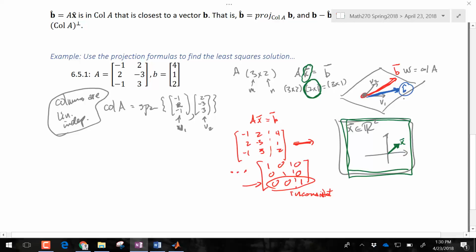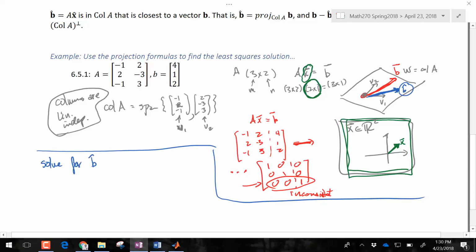We're looking to project B onto this plane. So orthogonal projection: solve for B hat, which is going to be the projection of B onto the column space of A. Which means we have to take our vectors in the column space and then do the orthogonal projection. So what's the orthogonal projection?